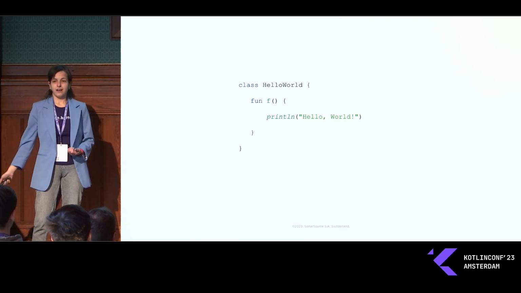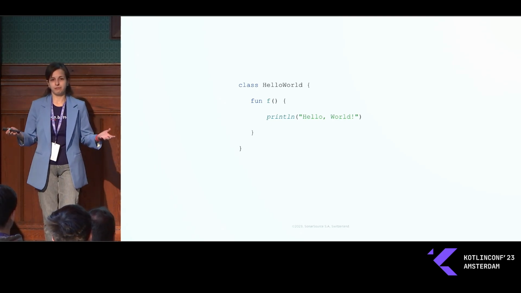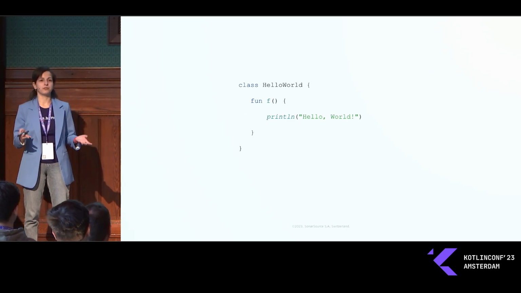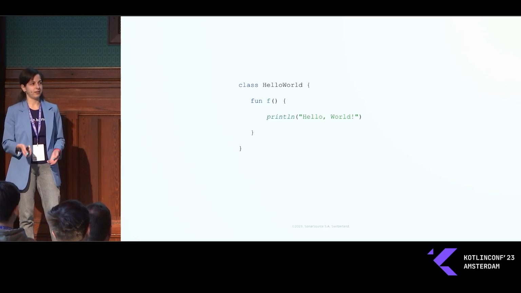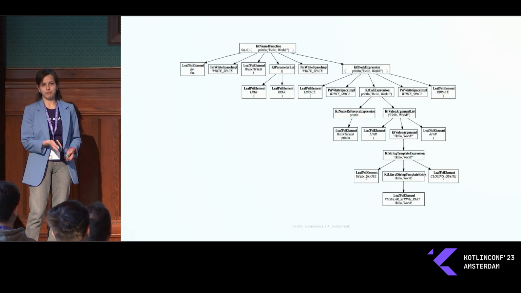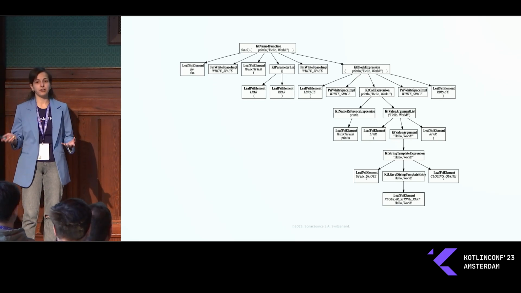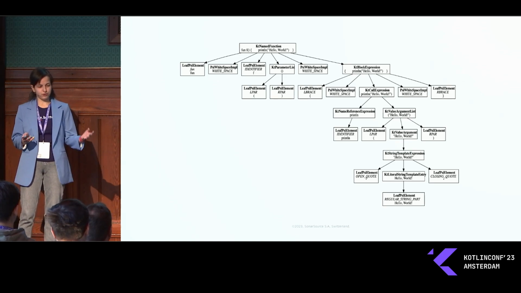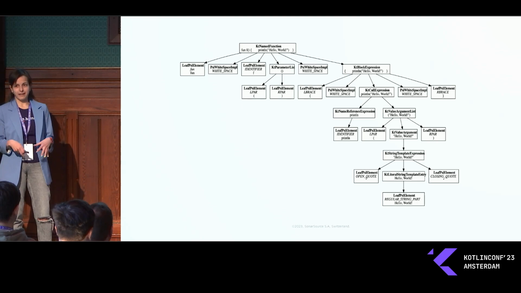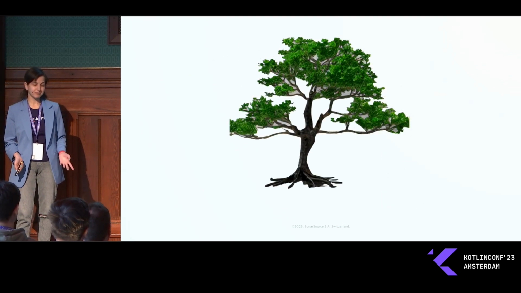History: how static analysis in general works. I don't know how familiar you are with the concept, but let me introduce it. Let's imagine you have some source code, for example, a simple hello world with some function. We transform it into an abstract syntax tree. Today I'll talk a lot about syntax trees. I don't want you to remember all the structures, so let's think a little bit abstractly and just see the tree there.